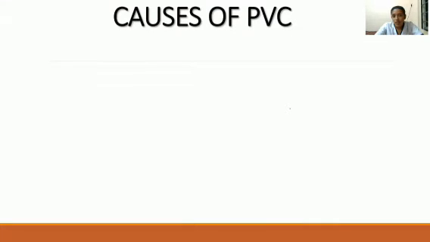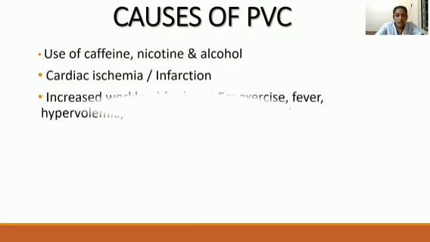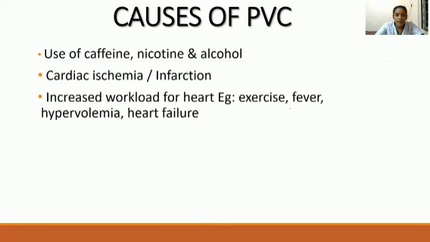So what are the causes? Why is it happening? Use of caffeine, nicotine, and alcohol can cause PVC. Cardiac ischemia or infarction. Increased workload for the heart, that is exercise, fever, hypervolemia, heart failure. This doesn't mean that everyone who exercises will have it.